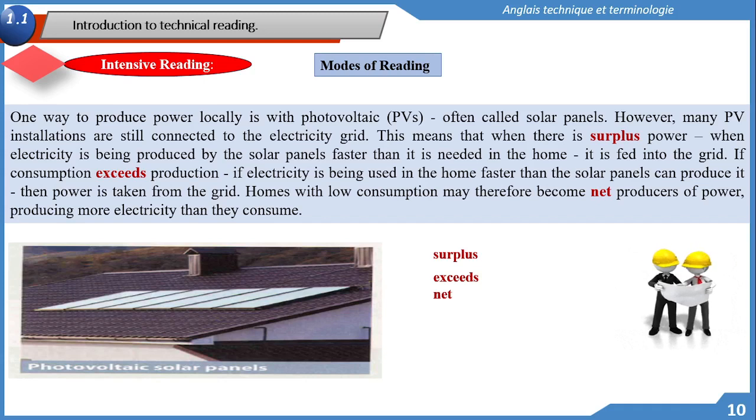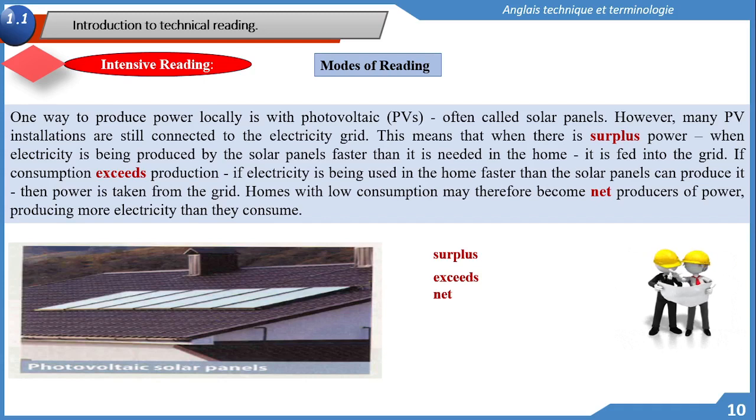If consumption exceeds production, if electricity is being used in the home faster than the solar panels can produce it, then power is taken from the grid. Homes with low consumption may therefore become net producers of power, producing more electricity than they consume.